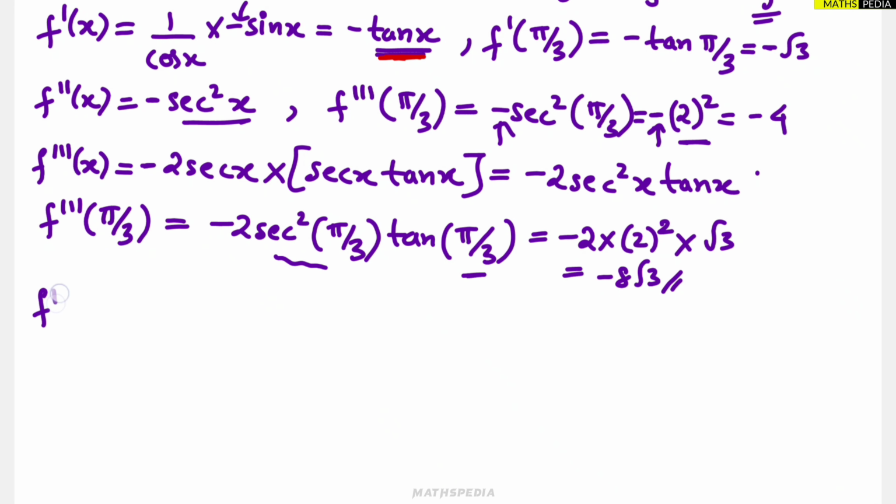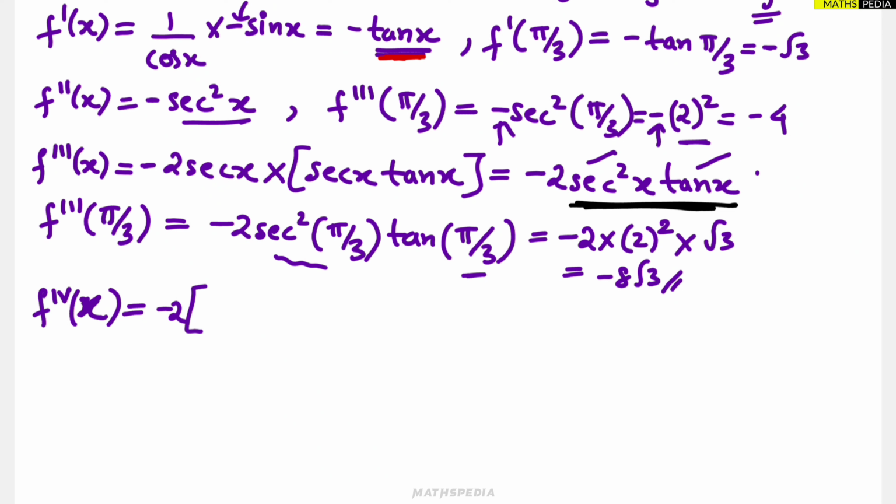Next, the fourth derivative. Which equation has to be taken? This particular equation has to be taken, right? So minus 2 you keep outside. Then differentiate. Here the product rule has to be applied: sec square x is one function, tan x is another function.